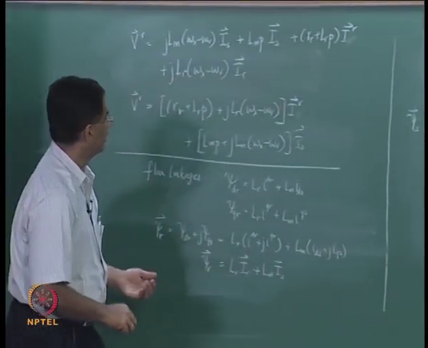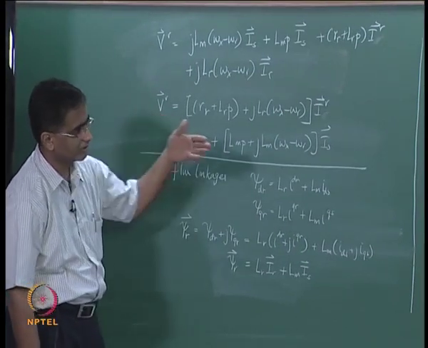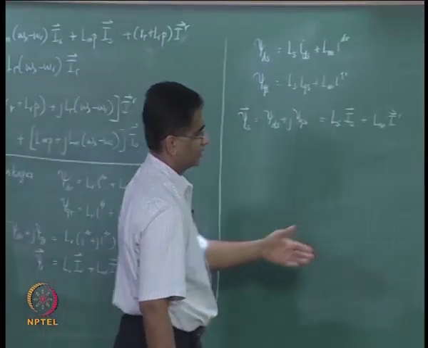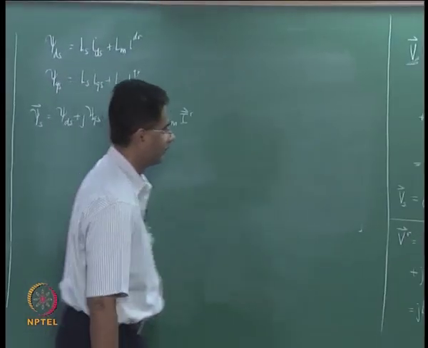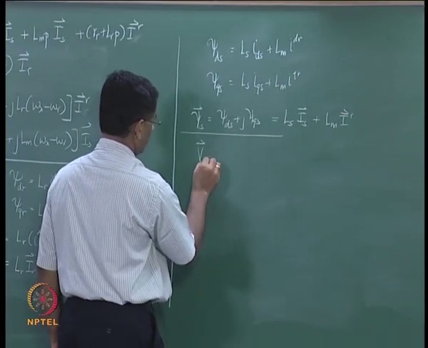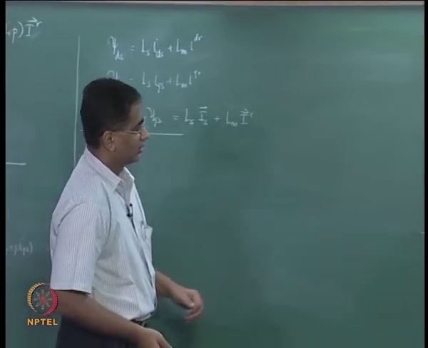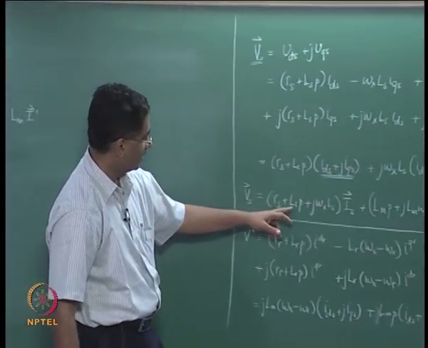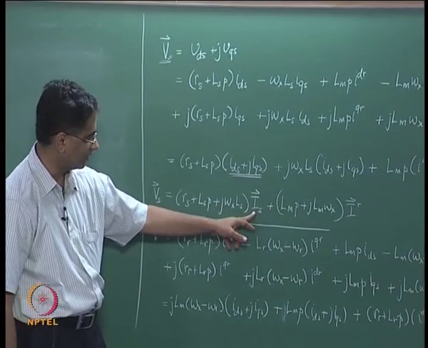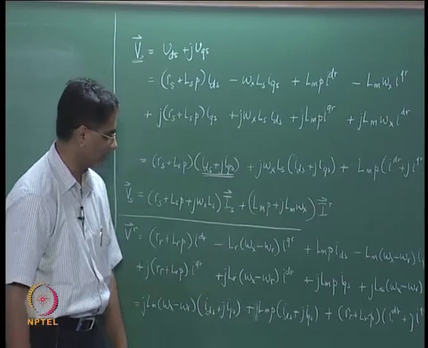So if you now look at these two equations, the space phasor of the rotor voltage and the space phasor of the stator voltage, let us take the space phasor of the stator voltage first. So we have Vs, and if you look at this here, Ls P into Is is occurring here, and similarly Lm P into IR is occurring here.